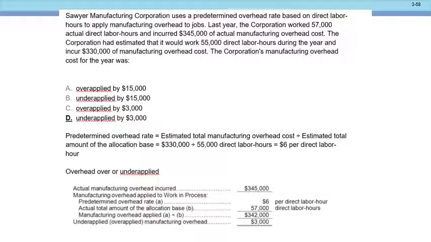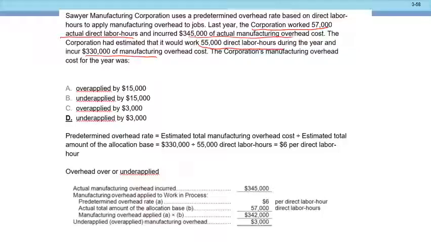Last year, the corporation worked actual hours of 57,000 direct labor hours, incurred 345,000 of actual manufacturing overhead, and the corporation had estimated that it would work 55,000 hours and incur 330,000 of manufacturing overhead.